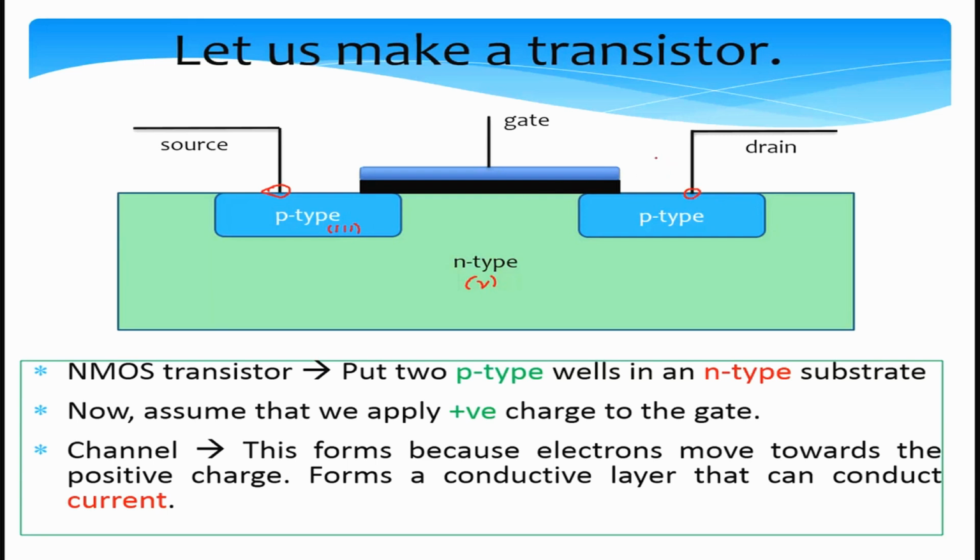And then let's put a layer of silicon dioxide, which is an insulator, a very strong insulator in fact. Silicon dioxide is regular sand. So you put a layer of silicon dioxide and then a conductor on top of it, which is typically polysilicon, but it's not necessary that it's polysilicon. It can be a metal as well, but it doesn't matter.